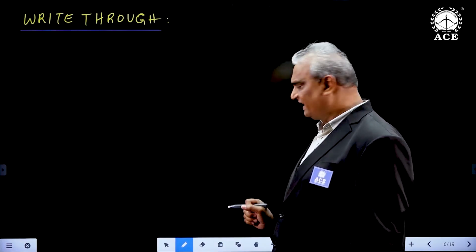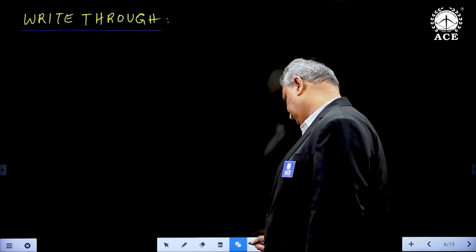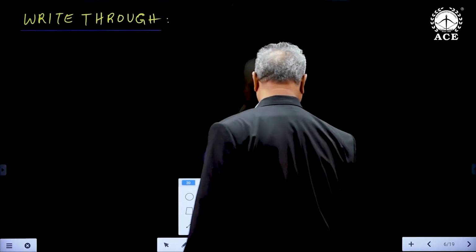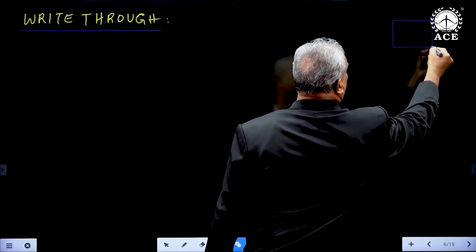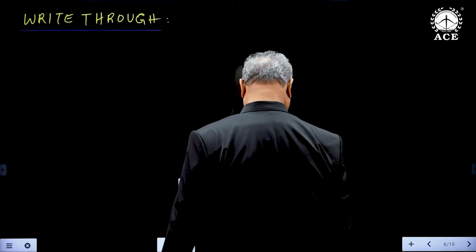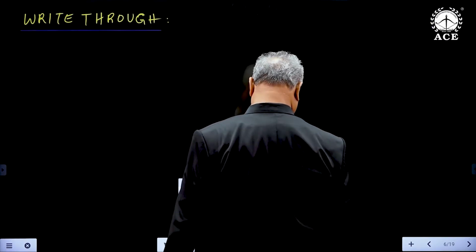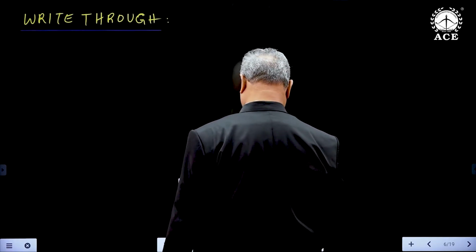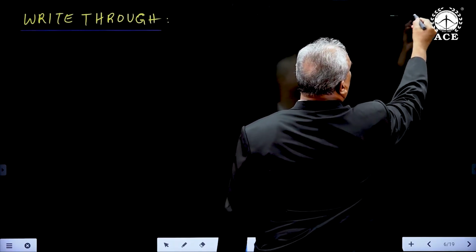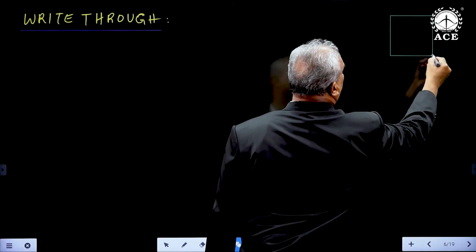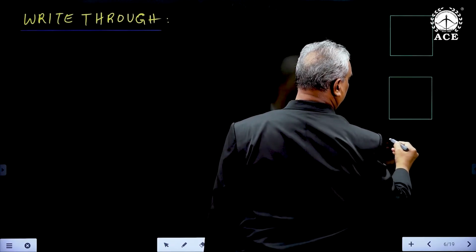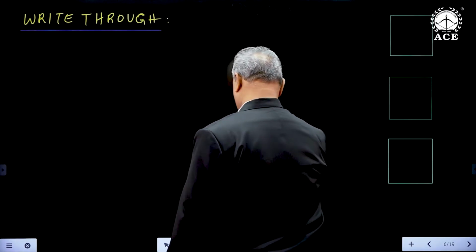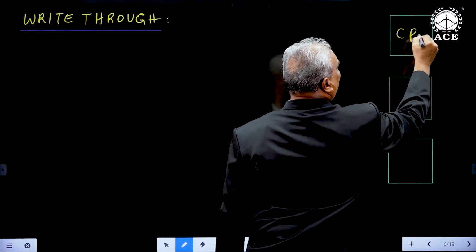Write through. First of all, let me explain with a small block diagram. Observe this. Let this be the CPU, also known as the processor.